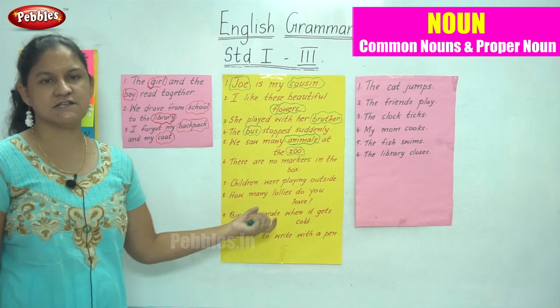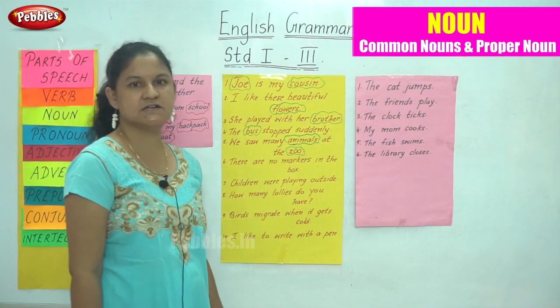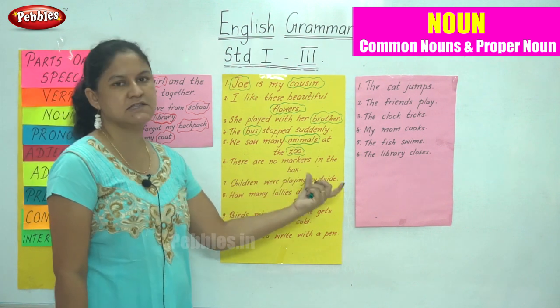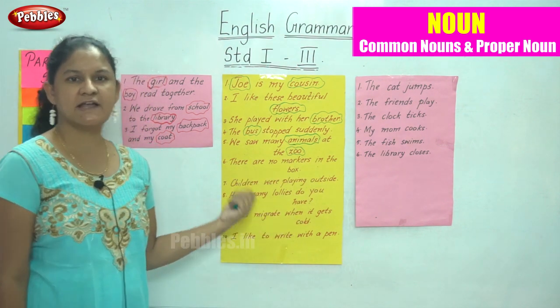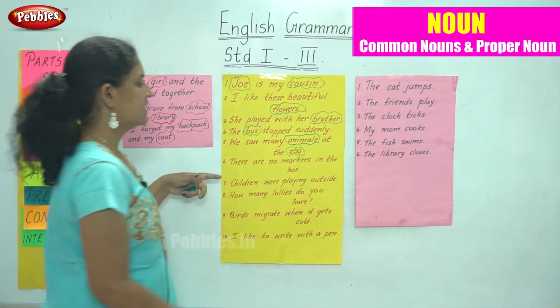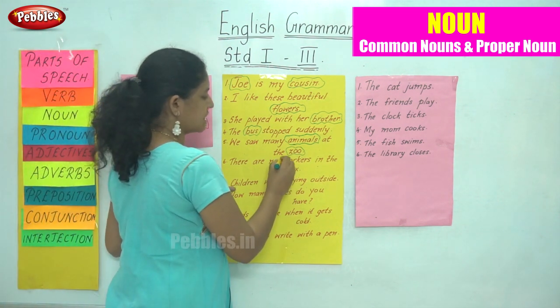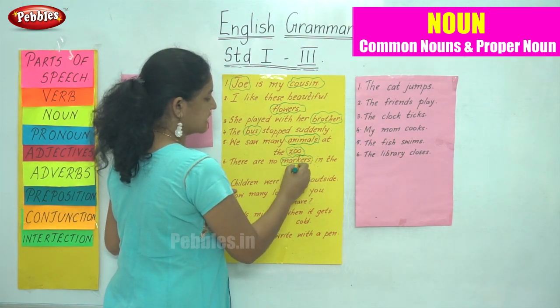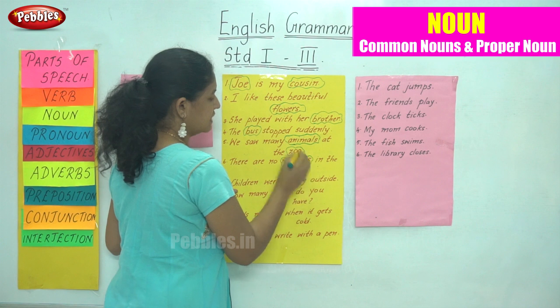So animals and zoo are the nouns in the sentence. There are no markers in the box. So again we find 2 nouns in the sentence. The first noun is markers. Markers is the name of a thing and box again is the name of a thing.